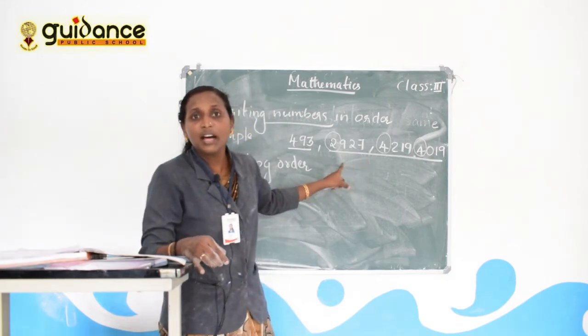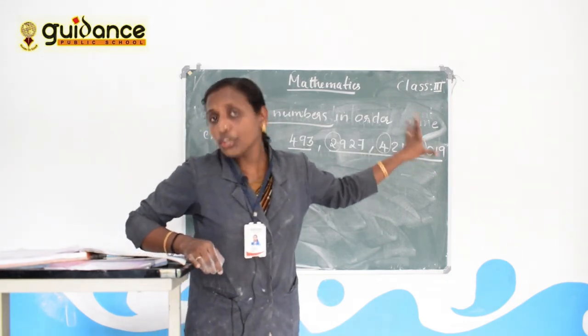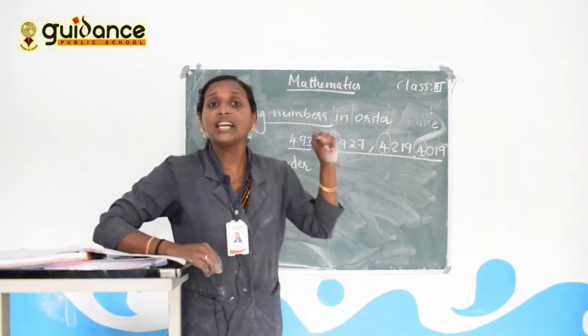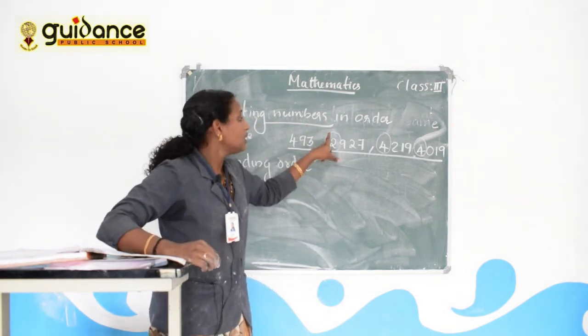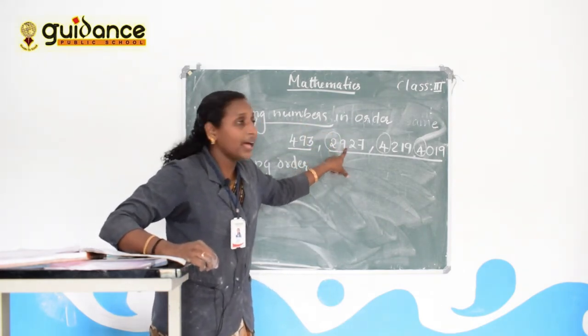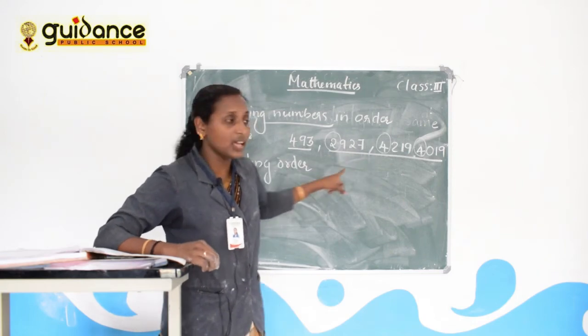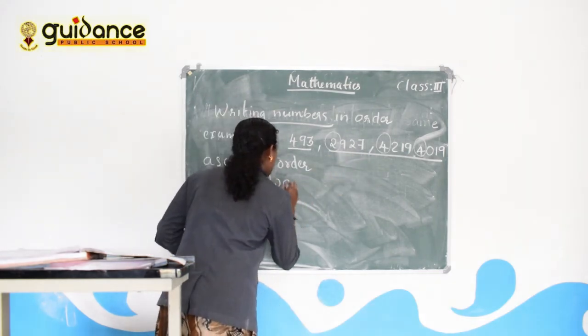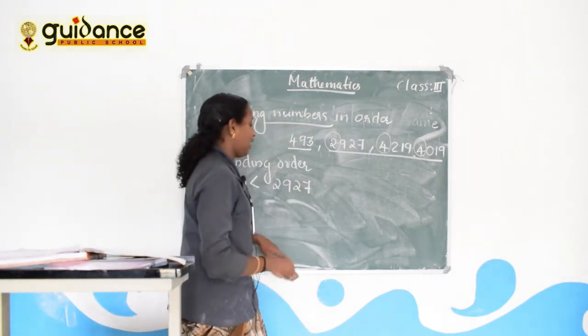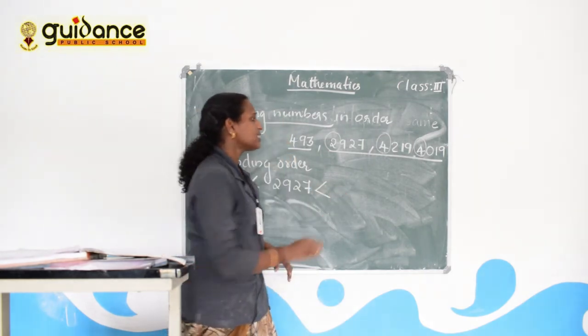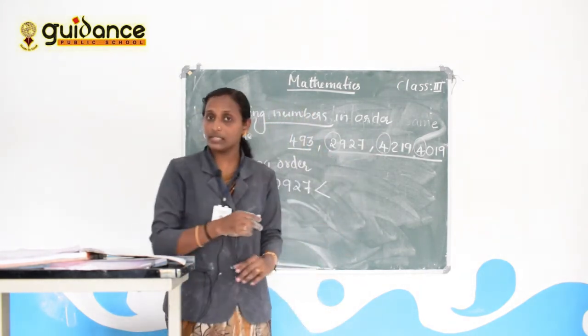The smallest is the one with 2. That means the next smallest number is 2927.